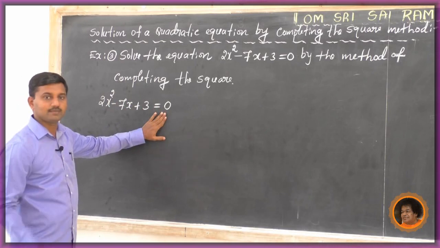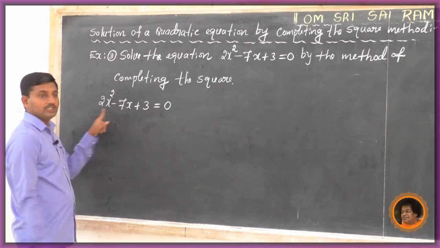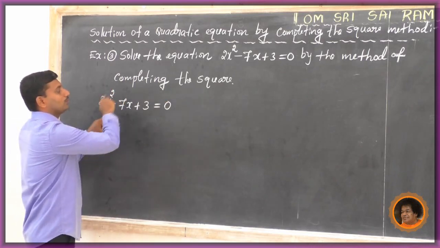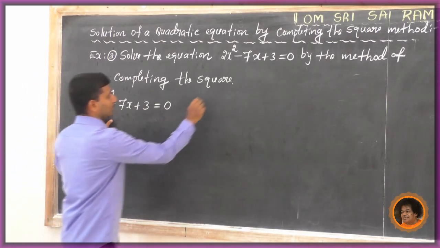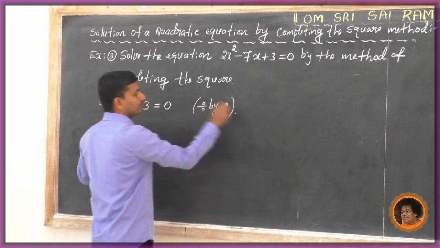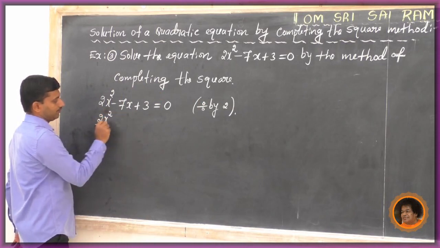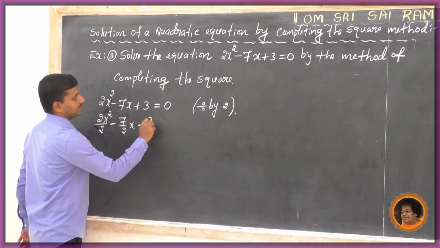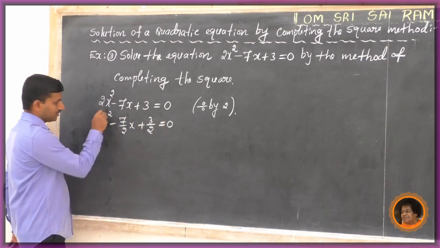So what is the next step? Look at the coefficient of x square. Here the coefficient of x square is 2, so divide the equation throughout by 2. 2x square divided by 2 minus 7 by 2 x plus 3 by 2 equals 0.